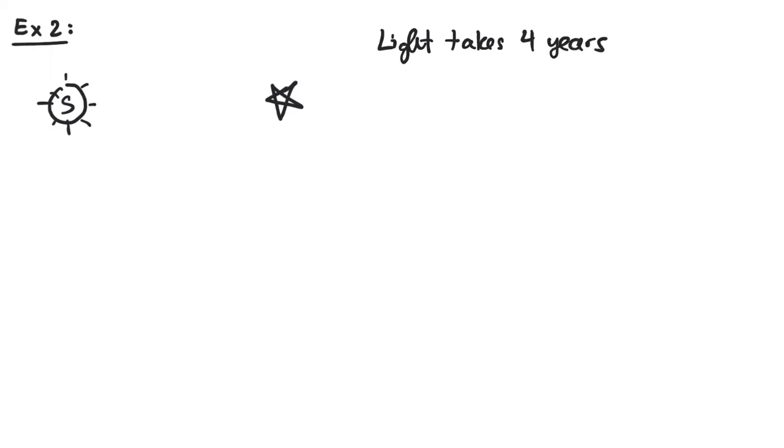As another example, if we considered two objects that were even further away, we could have the sun and some distant star, and let's say it took light 4 years to make this trip from the sun to the star.